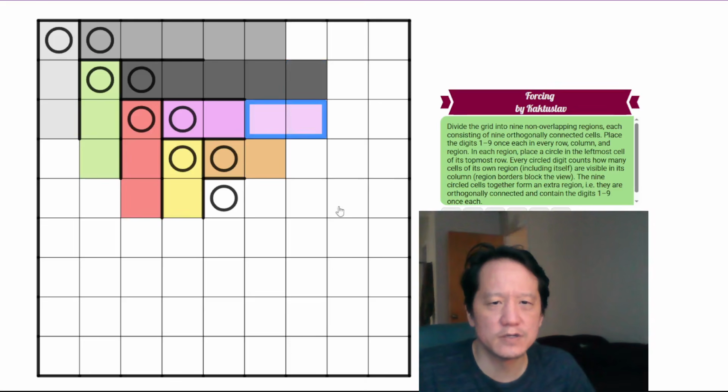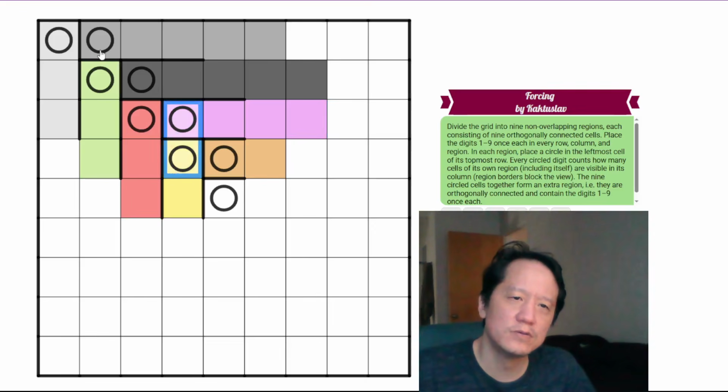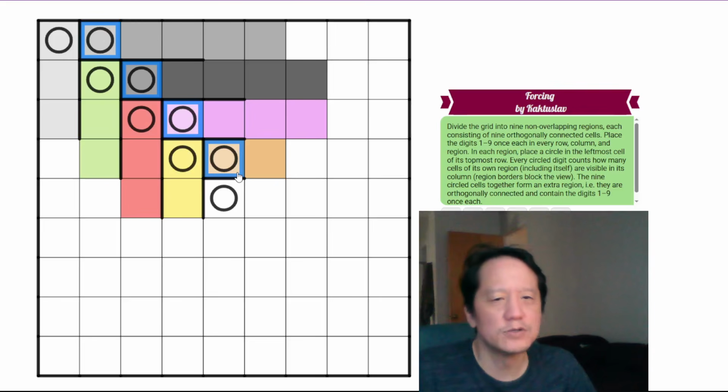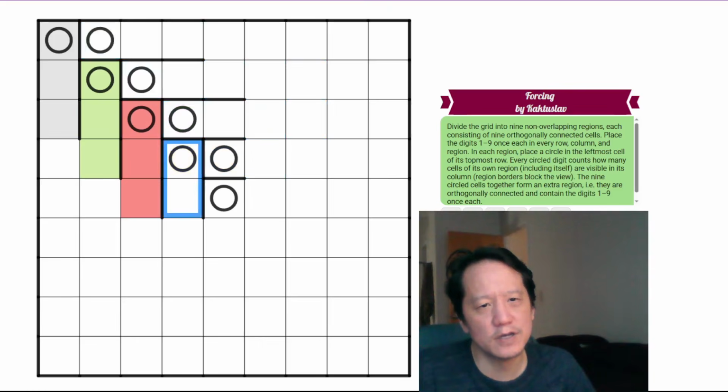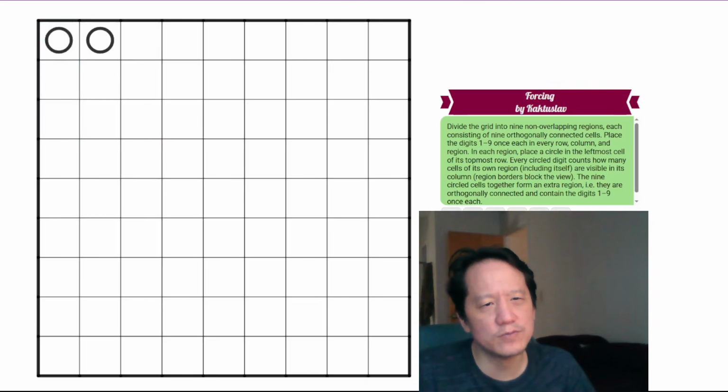Pink must extend. Oh, this doesn't work. These would all be 1. So that doesn't work because that's 1. Right. Okay, so then what happens if we go the other path that way?